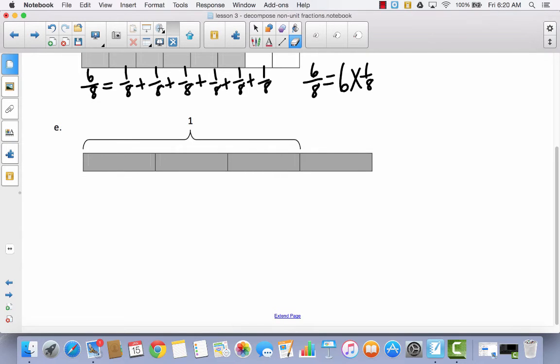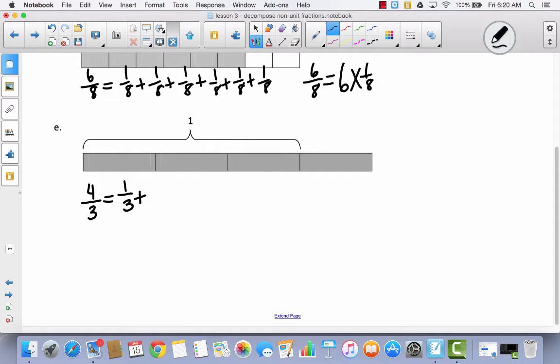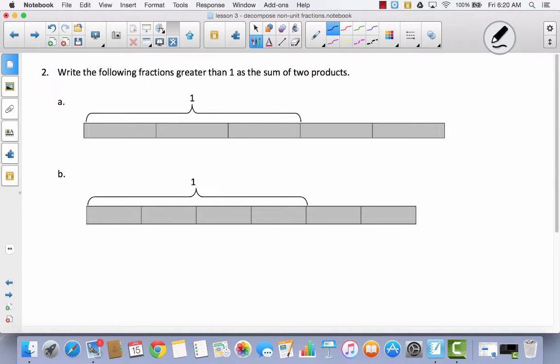This is actually 4/3. Because my whole is divided into 3 parts, that tells me these are thirds, and I have 4 of them. So my fraction would be 4/3 is equal to 1/3, and you're going to do this 4 times. And then as a multiplication sentence, 4/3 is equal to 4 times 1/3. Okay? All right, let's take a look at number 2.